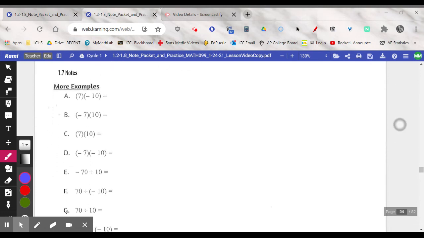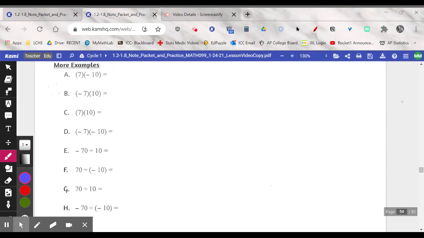So let's go ahead and look at these examples. This is a positive times a negative. So we're going to get a negative answer, and 7 times 10 is 70. Our answer is negative 70. For B, same idea. We have a negative times a positive. So the signs are different.